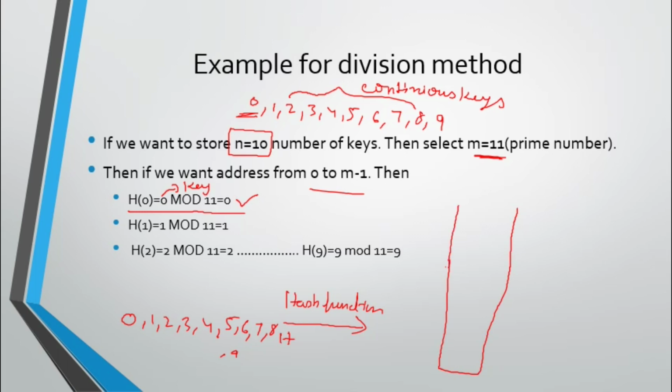It will have 10 places, since n is equal to 10, so totally 10 spaces should be there.